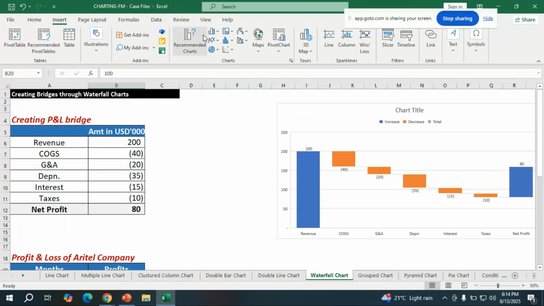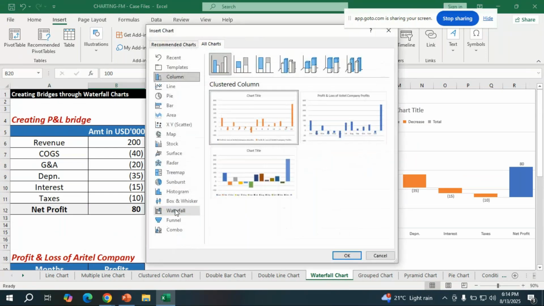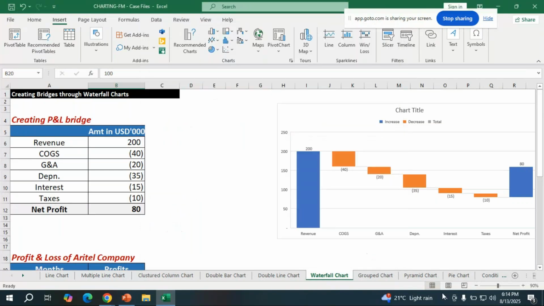Waterfall is here in the recommended charts. We are going to create the profit and loss account bridge. We have sales revenue, the cost of goods sold we have subtracted, then the general and other administration expenses, depreciation, interest, taxes, all our expenses deducted, and finally we arrive at the net profit. So put up the data first and then you can define this waterfall chart.